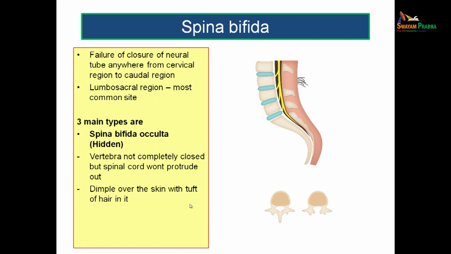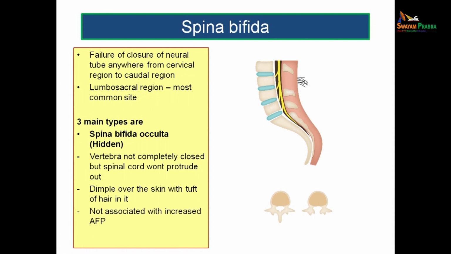So, this condition is known as spina bifida occulta, but at that region you can see the spine is not properly formed. At that region there will be a dimple over the skin with a tuft of hair. That is how you suspect a spina bifida occulta.